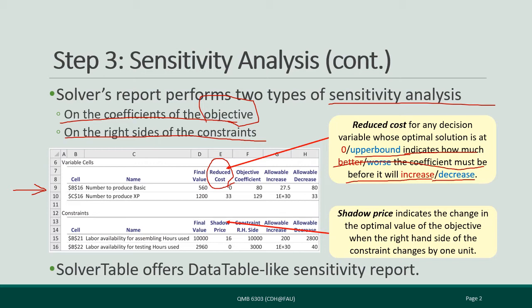The second part of the analysis report is on the constraints. That's at the bottom part of the report. The thing to focus on is something called a shadow price. Shadow price indicates the change in the optimal value of the objective when the right-hand side of the constraint changes by 1 unit. This only applies to those constraints at the boundary.